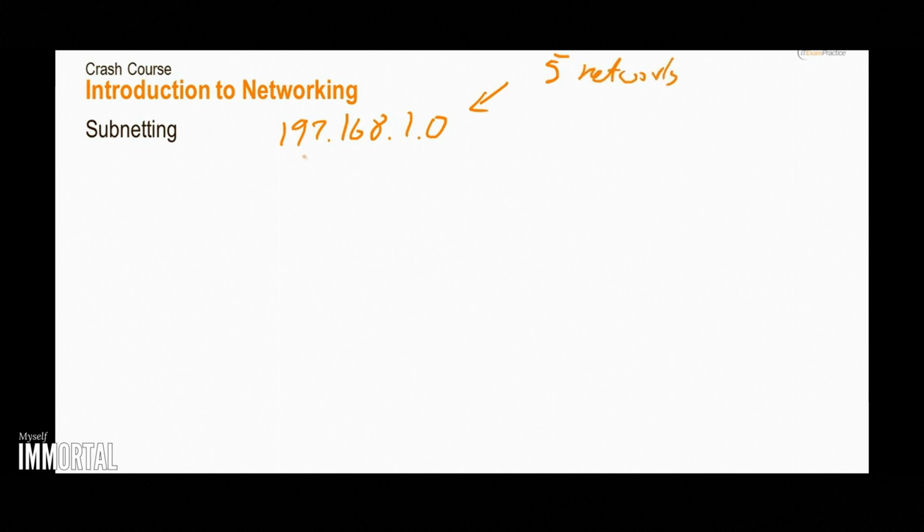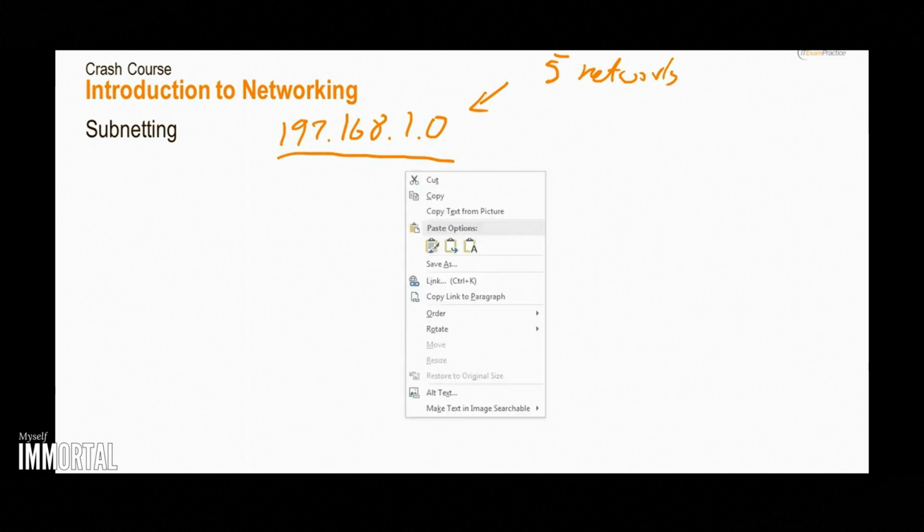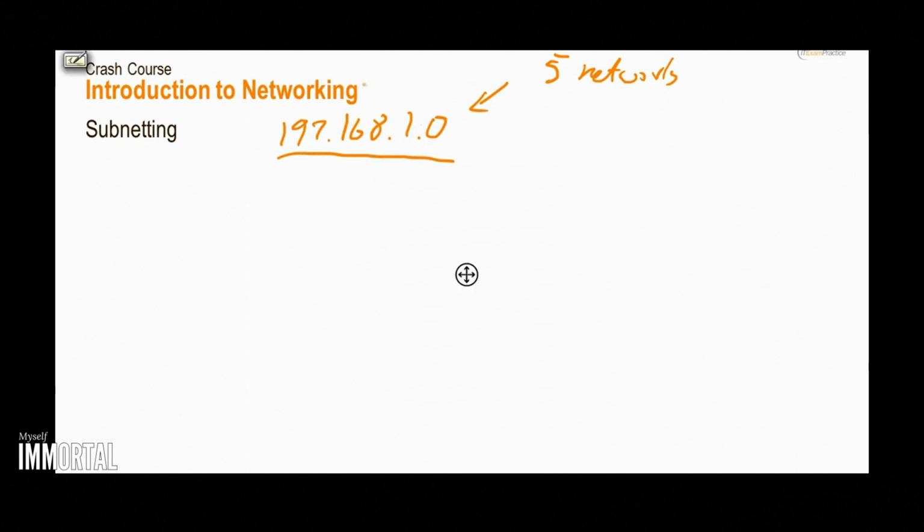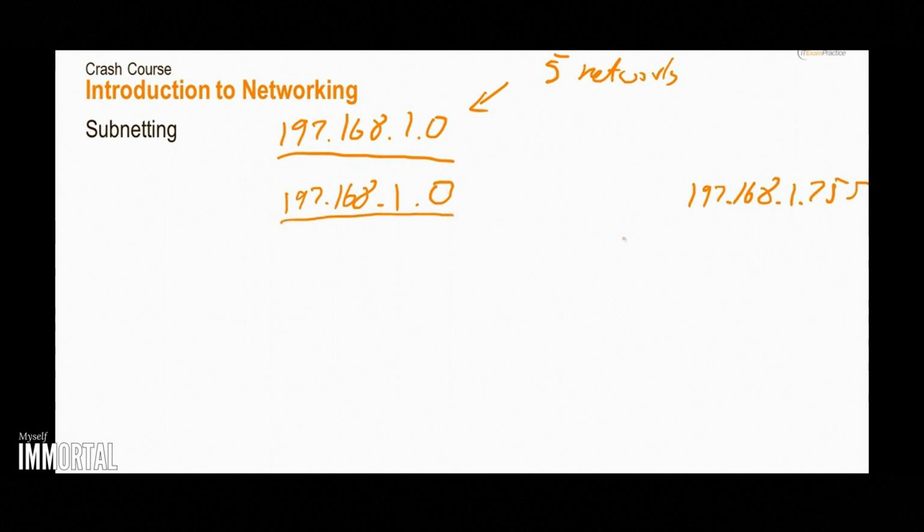It means that we do not really need 254 IP addresses, because that's what we have available here with this IP address and the default subnet mask. 192.168.1.0, the last IP address is 192.168.1.255.